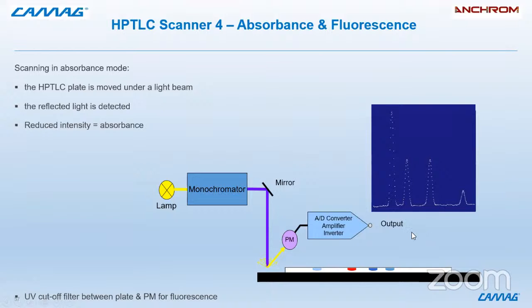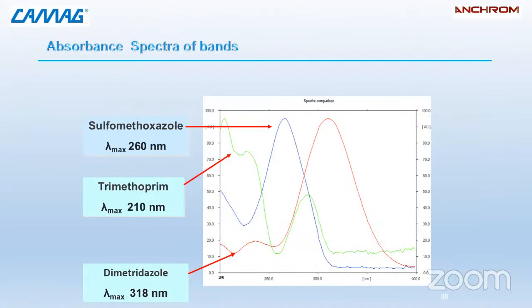The signal is amplified and converted into peaks like this. This is how you get peaks and the area under the peak for your particular band, which you have separated on your TLC or HPTLC plate. We can go for spectra for confirmed identification of that compound. Our spectral range is 190 to 900 nanometer.